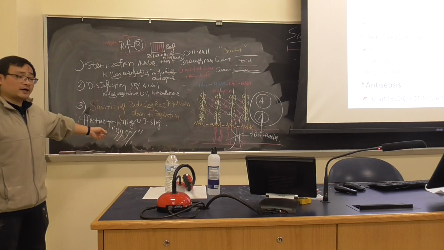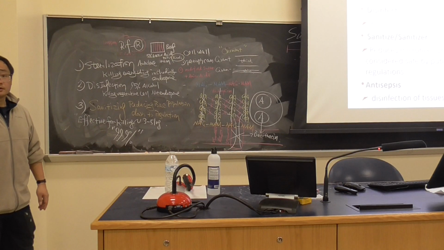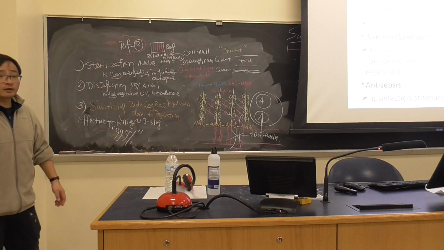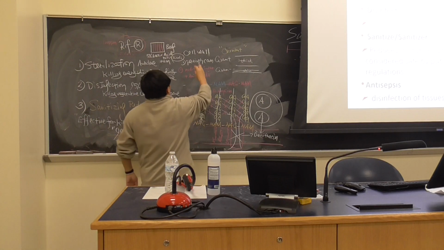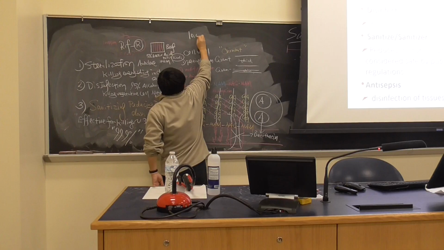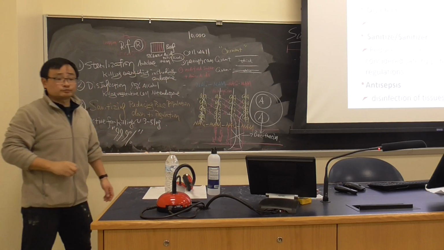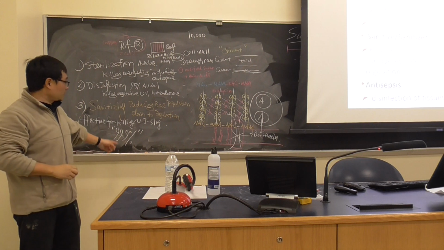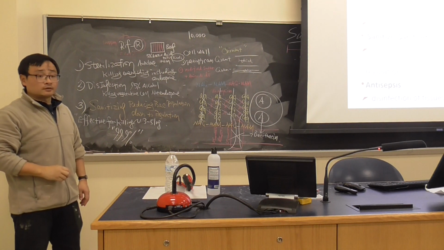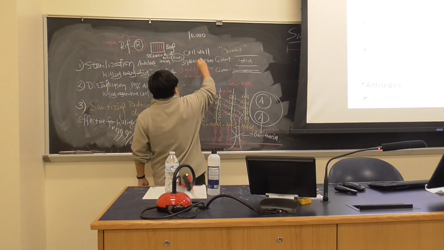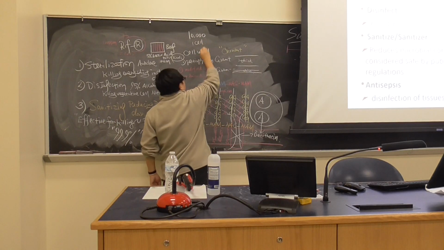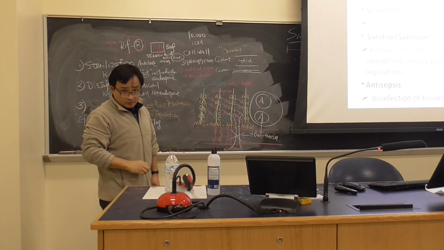Did you see that all the time? It doesn't mean much. What does 99.9 mean? I have 10,000 cells. What is 99.9? I left one cell there. Is that right?